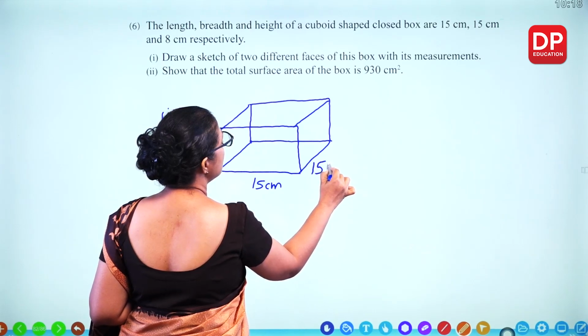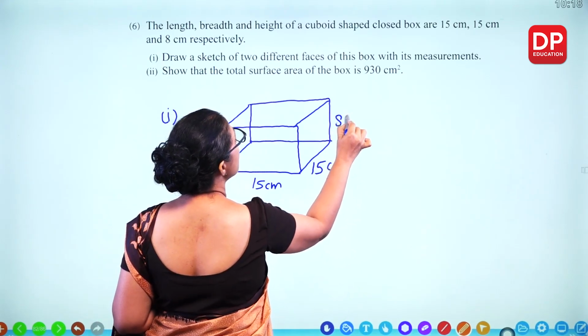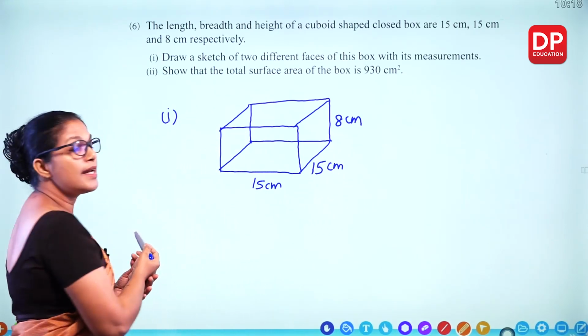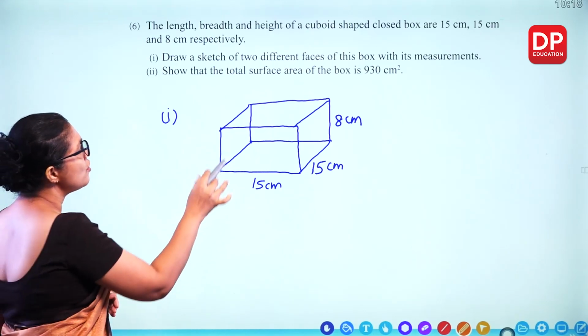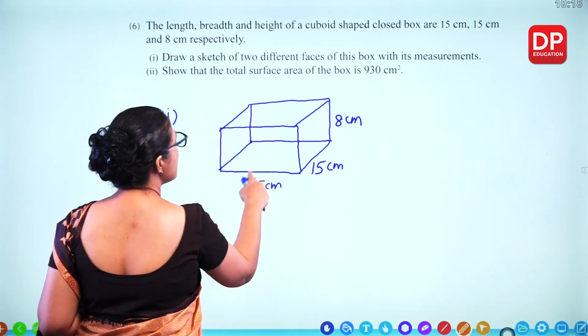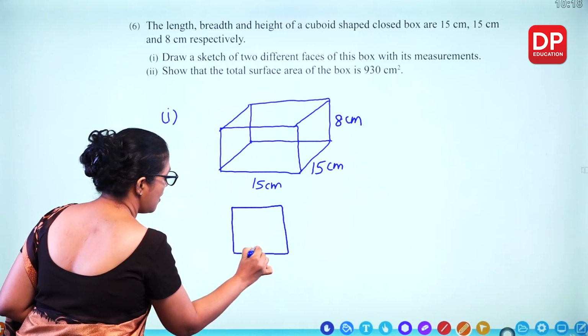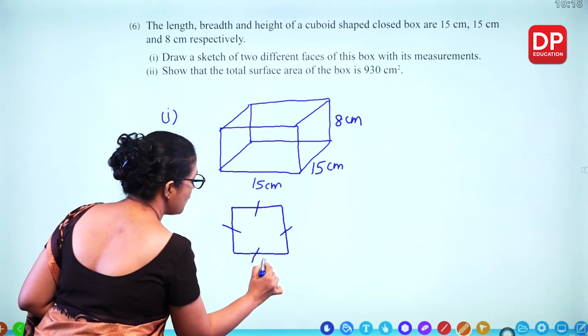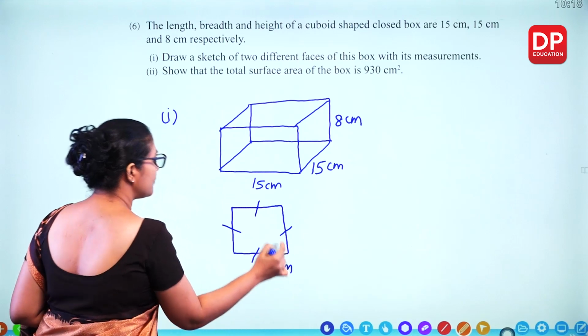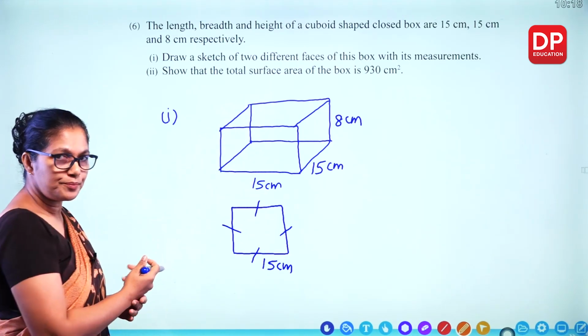15 here and 8 is the height. Width is 15 and length is 15. So when you take this one, you get a square as the bottom part, a 15 centimeter square. That's the same as the upper part.